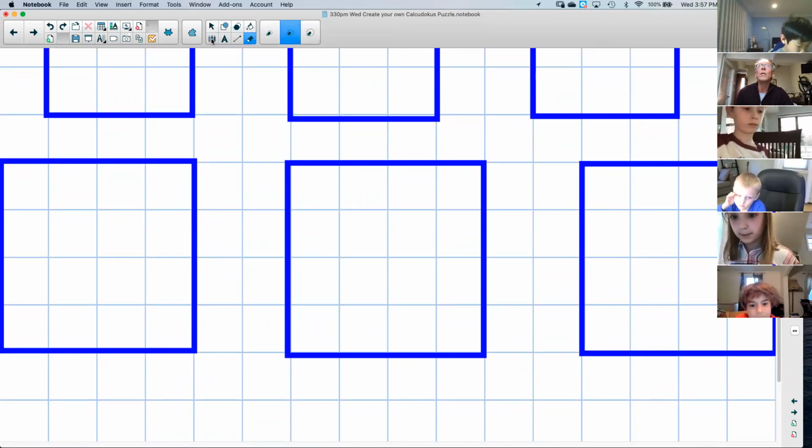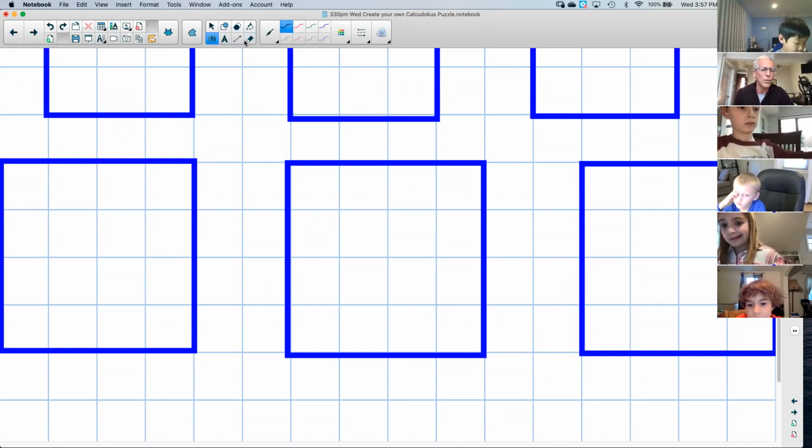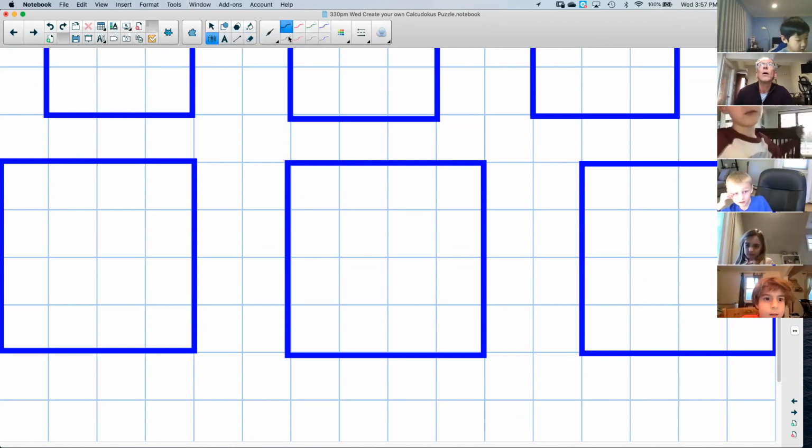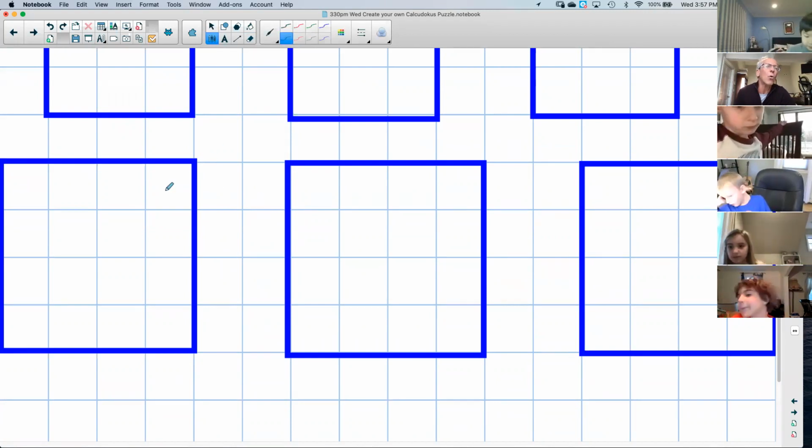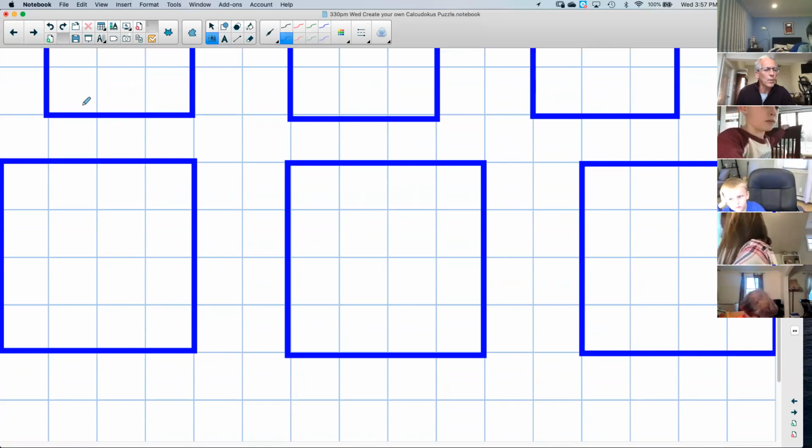Now, what are the only numbers that are allowed to go in those squares? Roman, what are the only numbers that can go in the 4 by 4 squares? Tess, do you want to help out? 1, 2, 3, and 4.